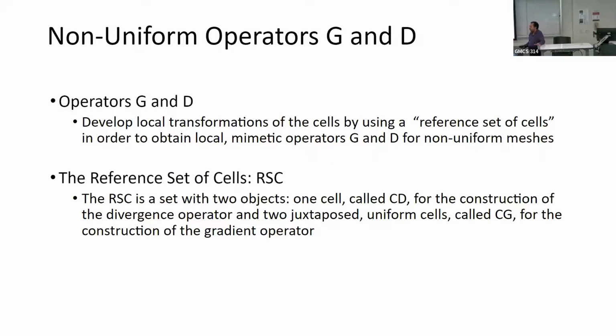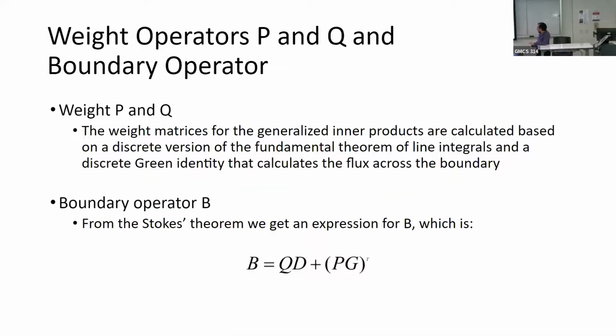Now, in that case, we use what we call reference cells, and this is something important here, with the P and the Q that play a role in the boundary operator. Here, for example, we get that the boundary is the product of this weight matrix by the divergence plus the weight matrix of the gradient transpose. And that gives you the boundary operator.